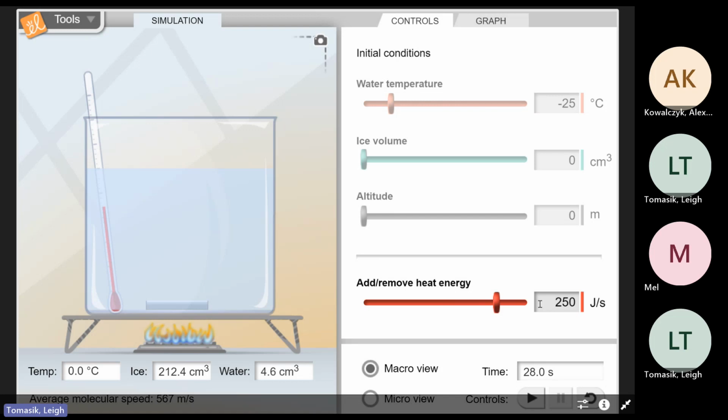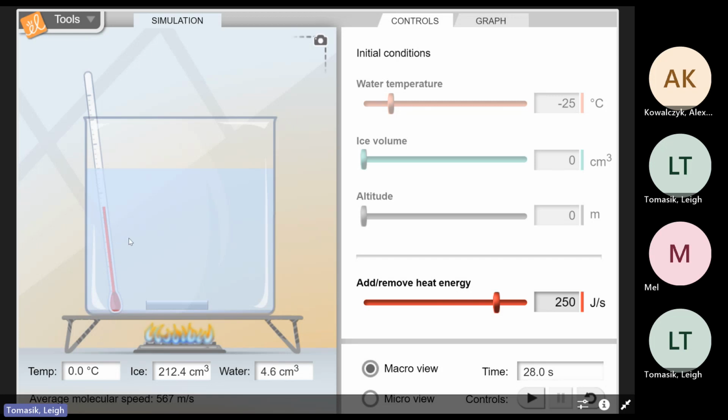And you're going to see initially the temperature is going to start to increase from negative 25 to 0. Okay, so it's going to start off at negative 25, and it's going to quickly start rising from negative 25 until 0. And that's going to be the ice heating up, right?